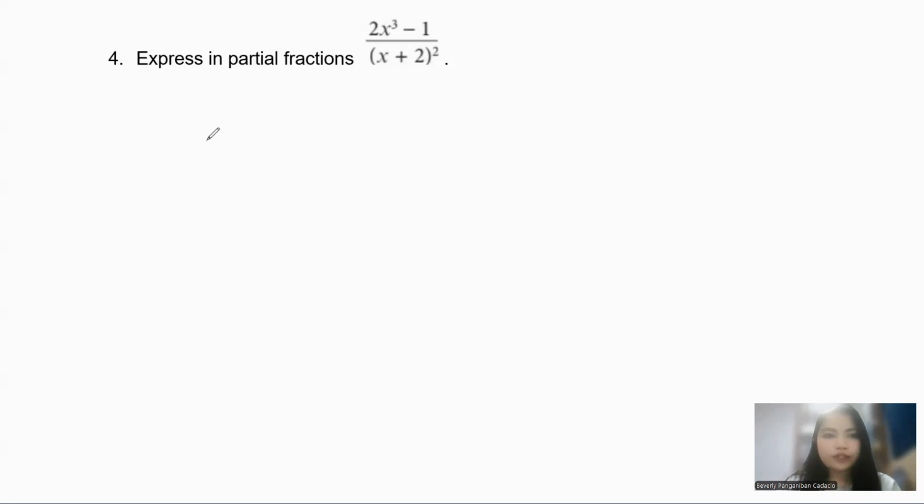Okay, now let's go with number 4. So express in partial fractions. You have a cubic here, and when you expand that, you're going to have x squared. So since the fraction is improper, you can use long division first. I will show long division here, okay? Even though you have a repeated factor, I can deal with that later on. So I will just write it properly.